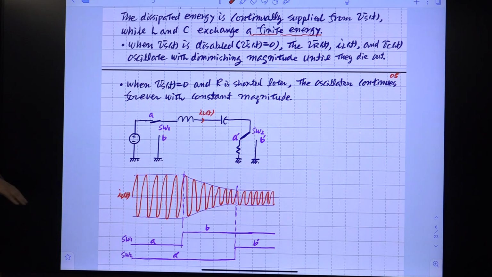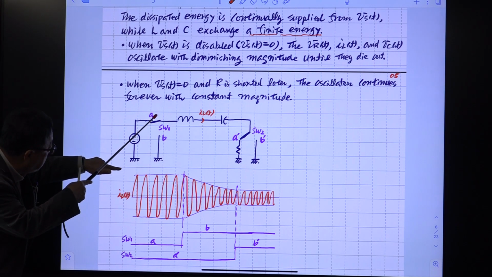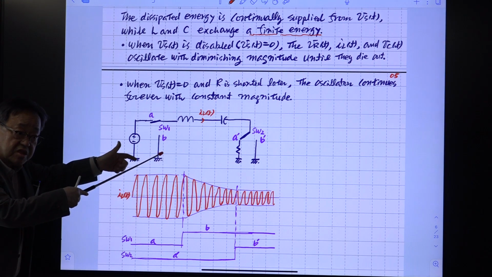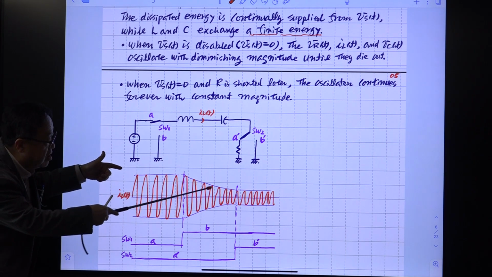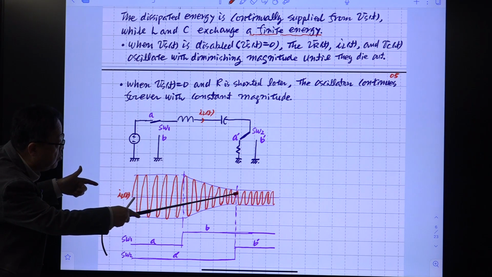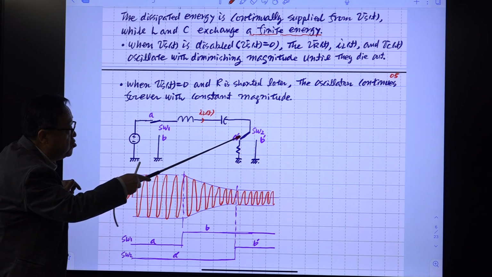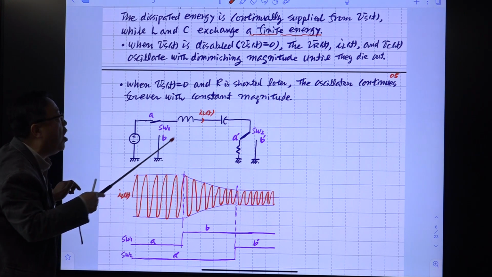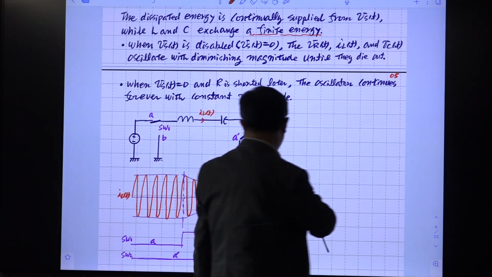And at this time instant, you swap the position of this, then input is disabled, there's no energy influx in the system, then this will be reduced like this. It goes down, goes down. At this moment, you switch this connection from A prime to B prime, then there is no energy consumption here. Then this will go forever, like this.